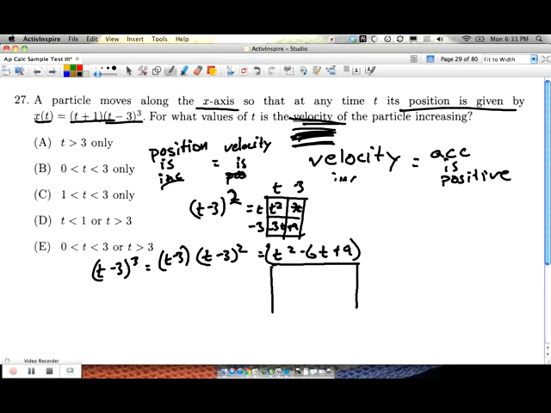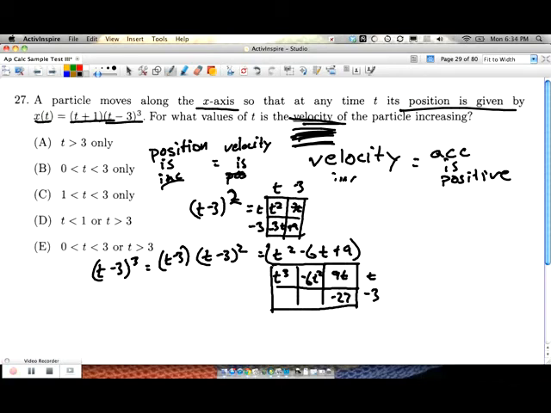You guys are probably asking, why are you doing this? It's so much easier, trust me. So we have t minus 3, and now we multiply here. t squared times t is t cubed. Negative 6t squared. We have 9t minus 27.